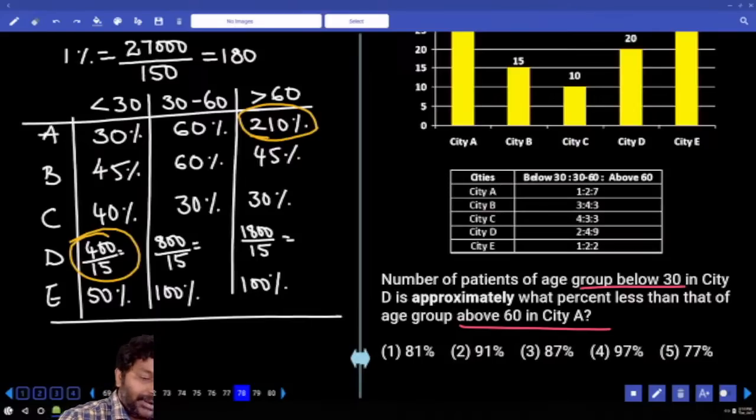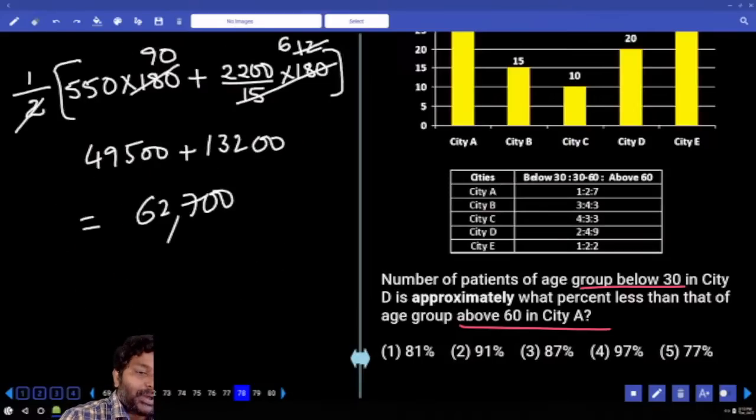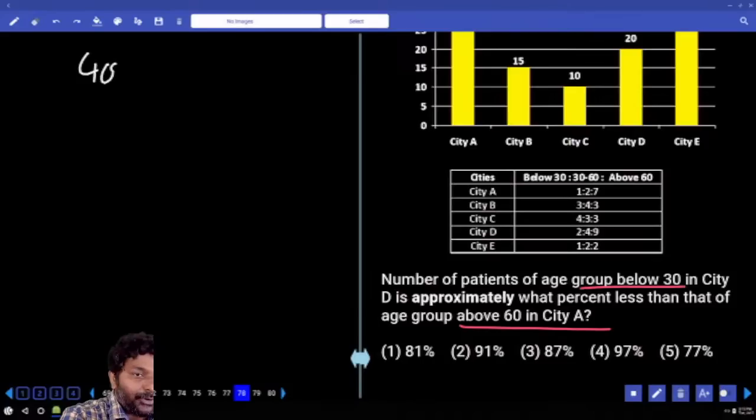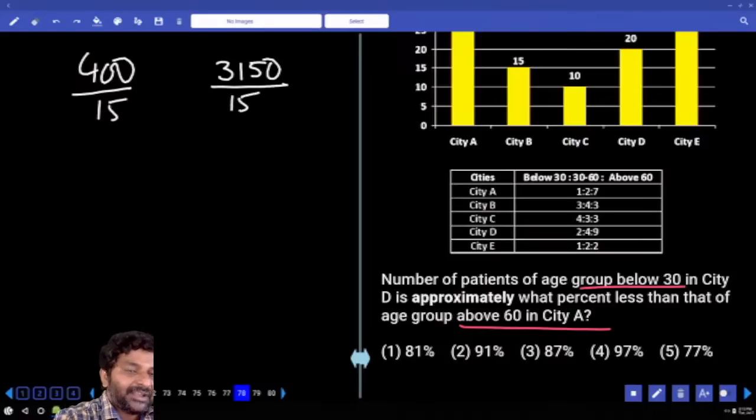Yes. Now one number is 400 by 15. The other number is 3150 divided by 15. Its simplified value is 210.